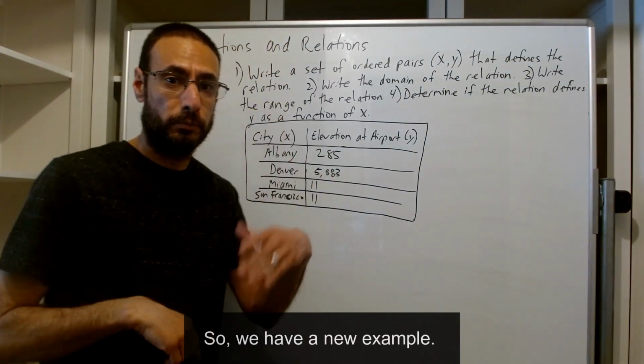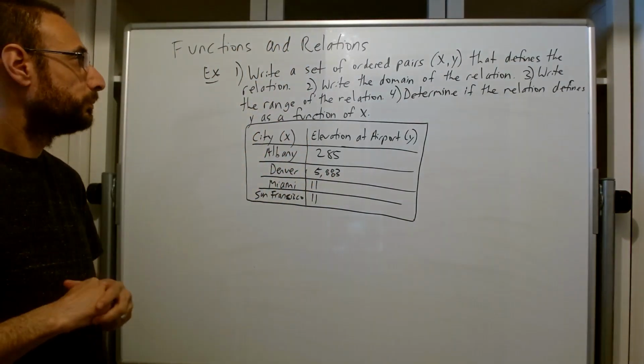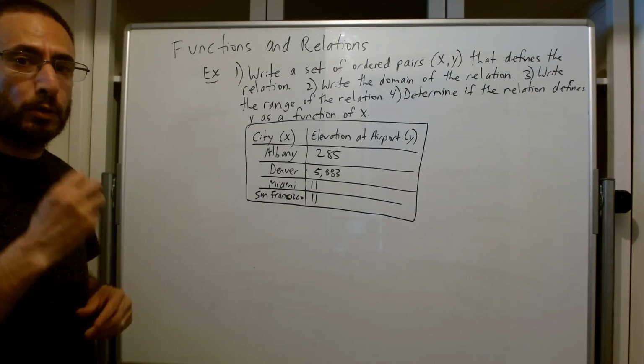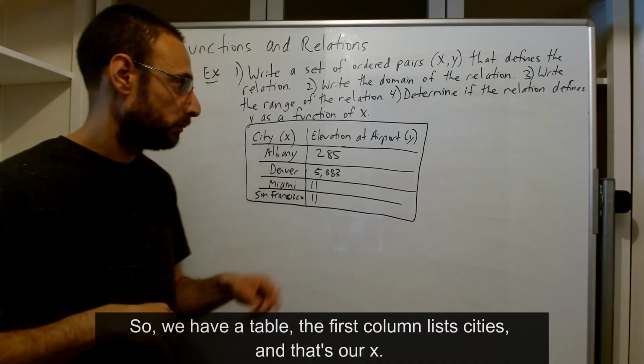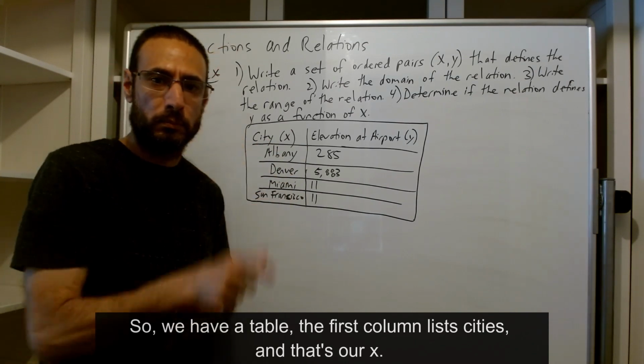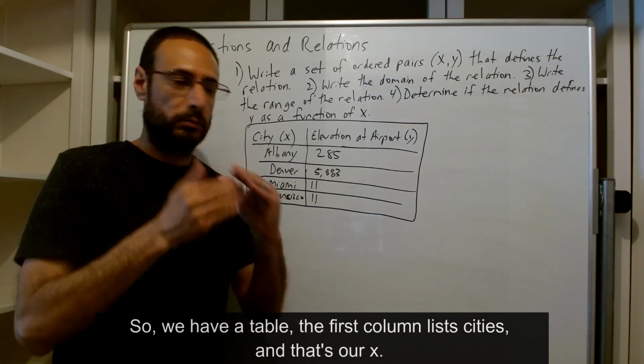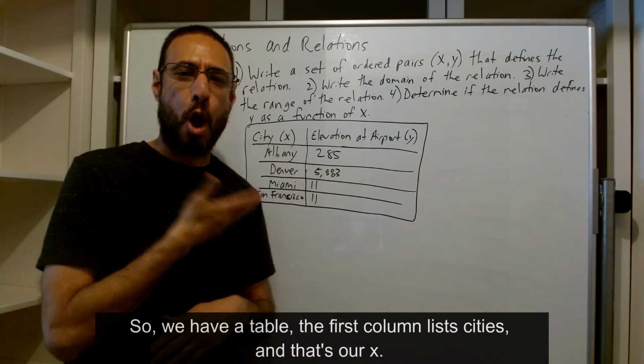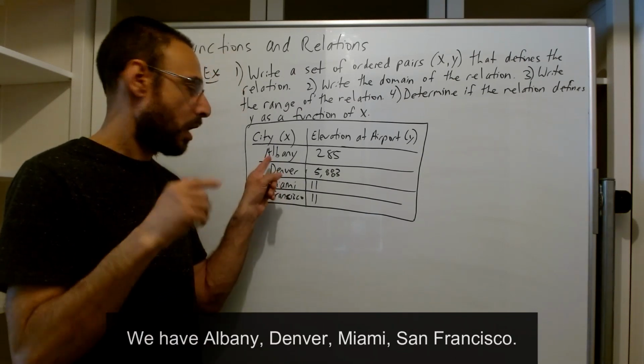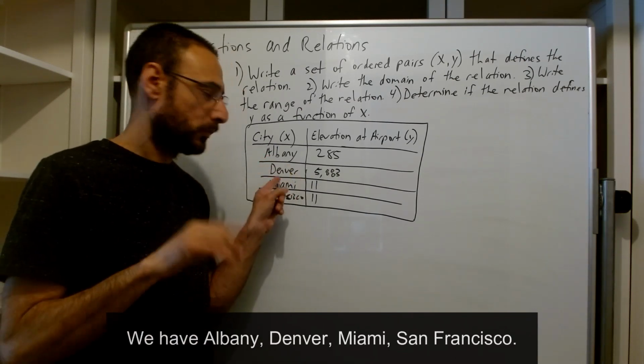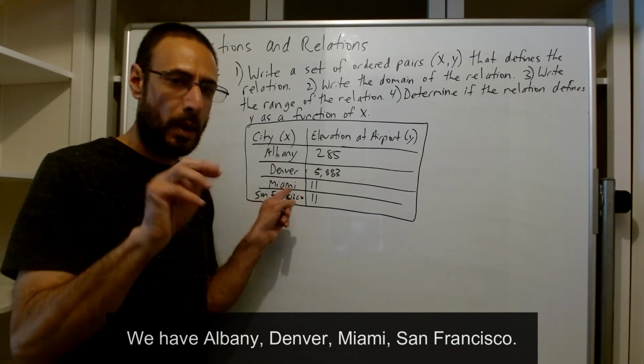So, we have a new example. So, we have a table. The first column lists cities, and that's our x. We have Albany, Denver, Miami, San Francisco.